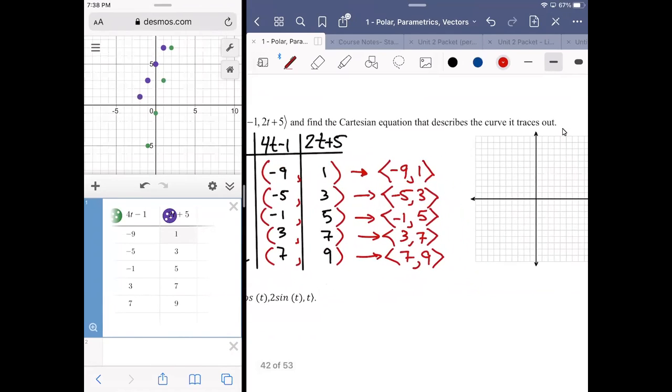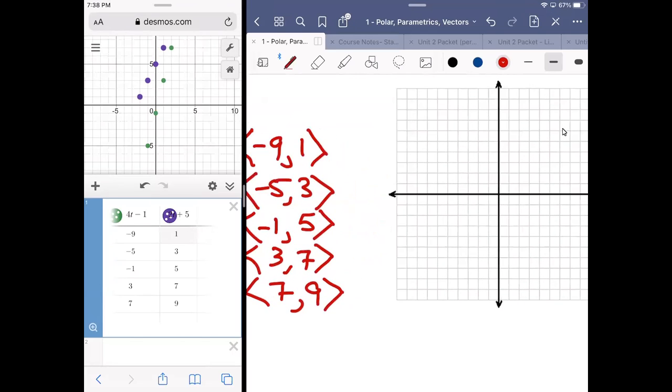When I'm plotting this, I'm not just plotting coordinates, I'm plotting vectors. The vectors are going to serve as kind of like supports for the line. You think of the line as like a highway, and the vectors themselves will serve as the supports that hold up that highway.